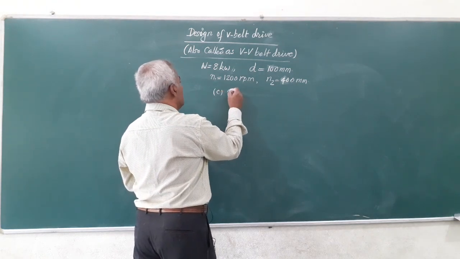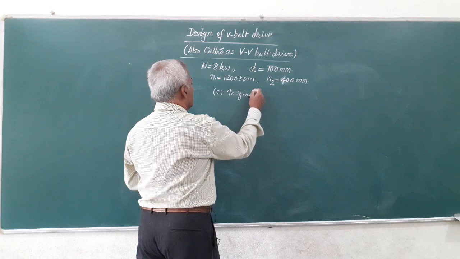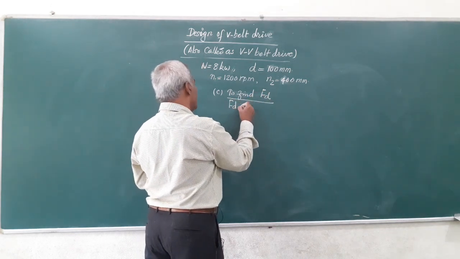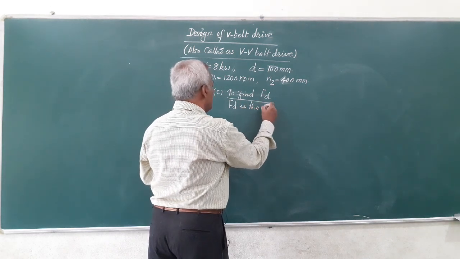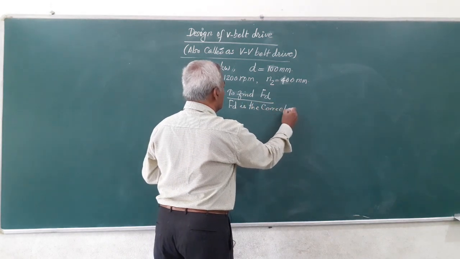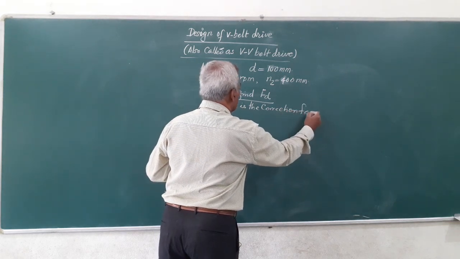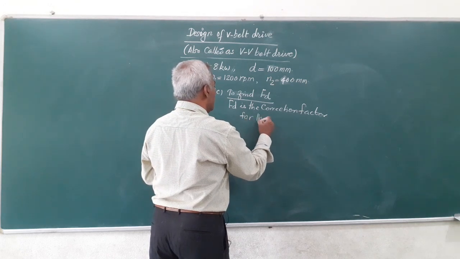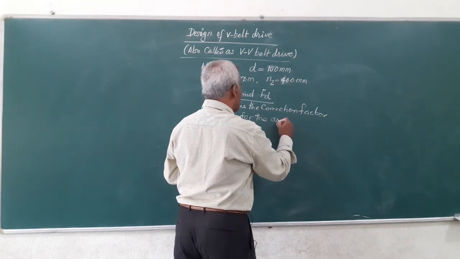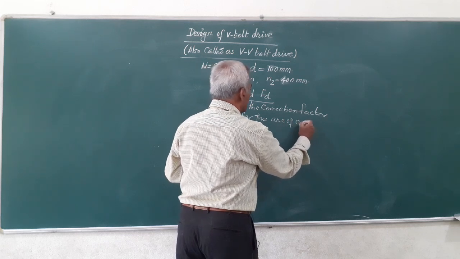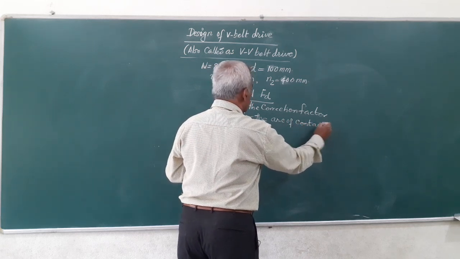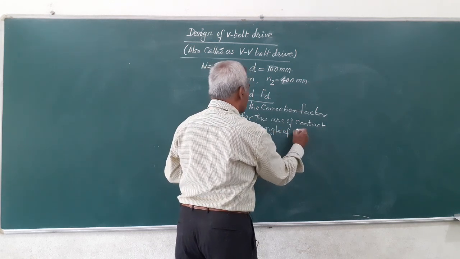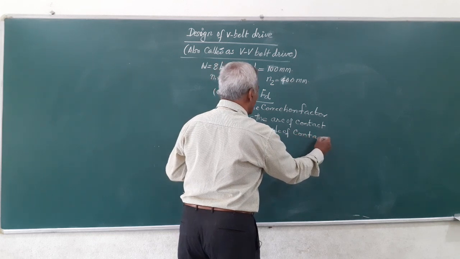Third part, to find FD. So, friends, this FD is the correction factor for the angle of contact or for the arc of contact on small pulley.